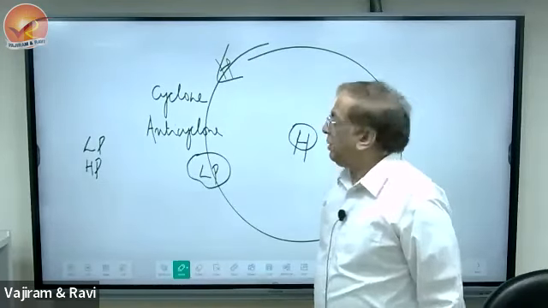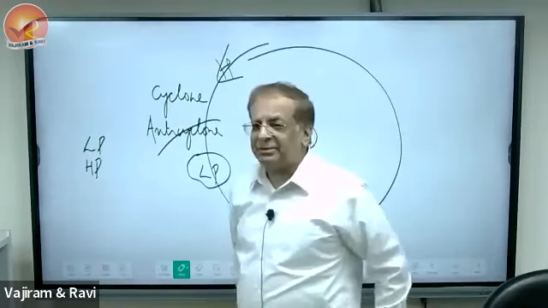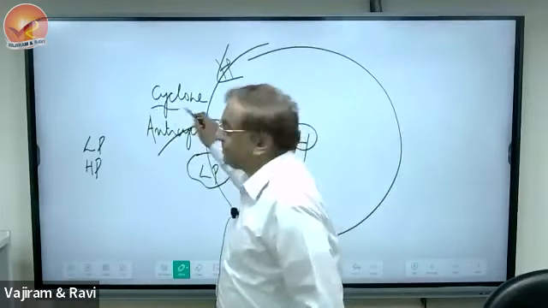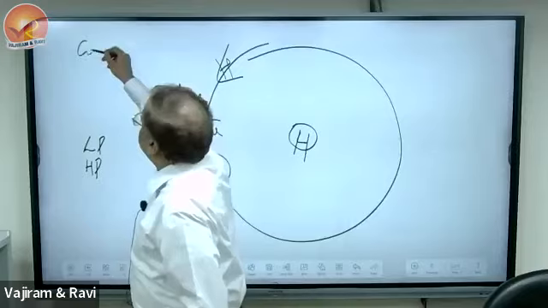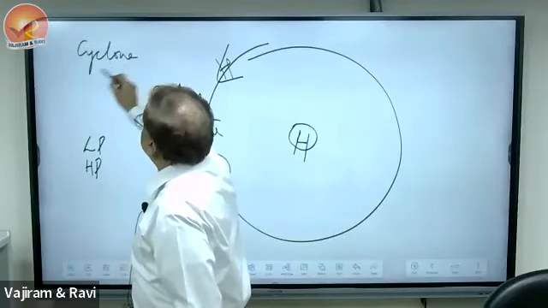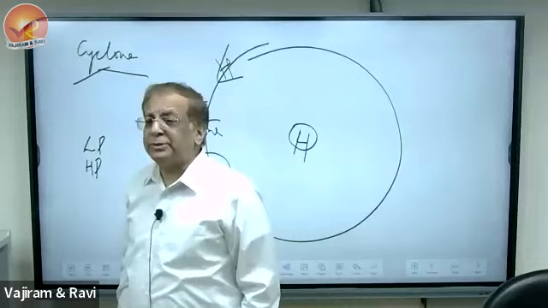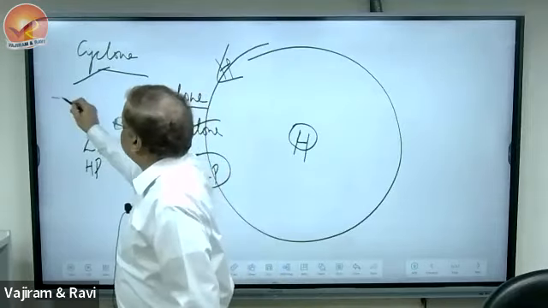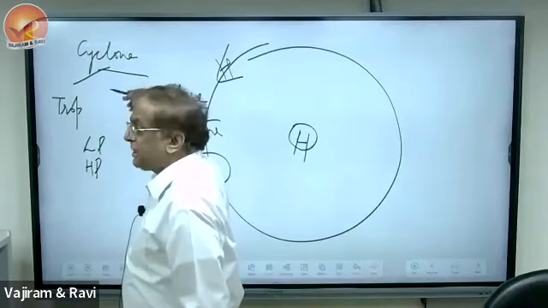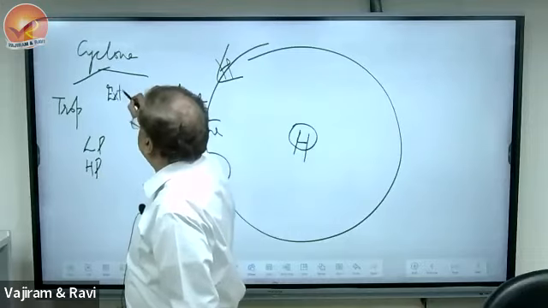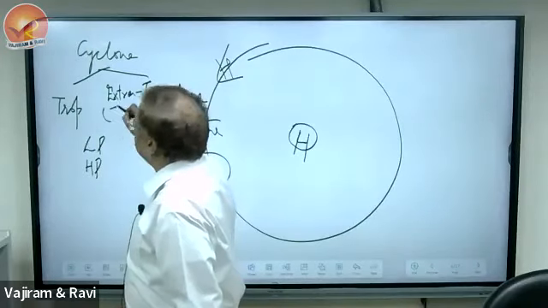Now, you might not have heard of anticyclones, but you have heard of cyclones in the news. And when I teach you the cyclone topic, we'll say, geographically speaking, there are two types of cyclones. The ones which occur in tropical areas are called tropical cyclones, and the ones outside are called either extratropical cyclones or temperate cyclones.